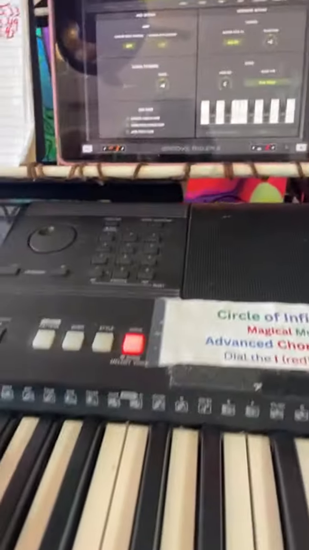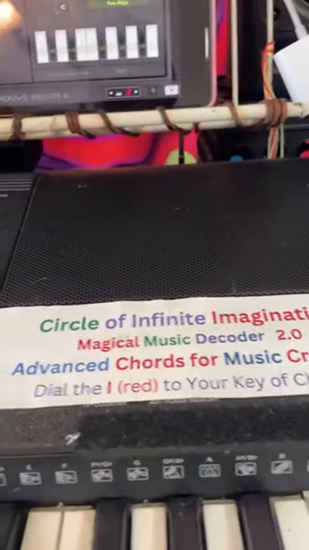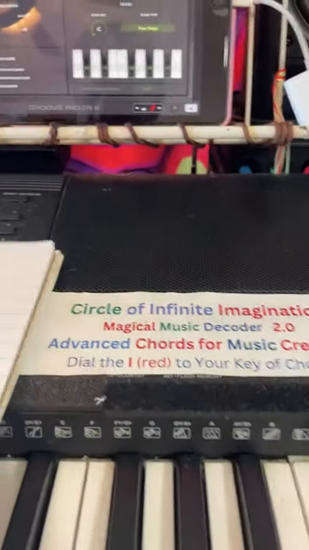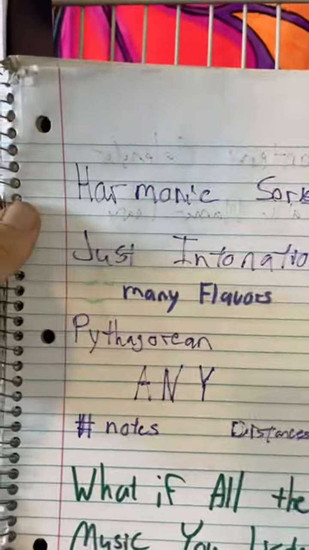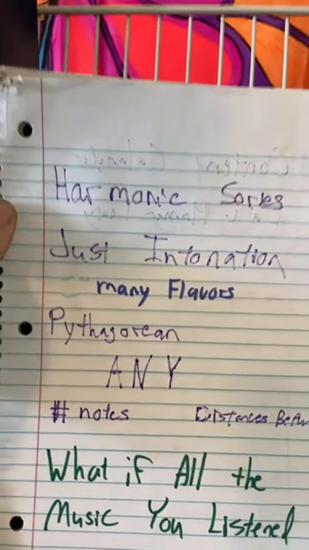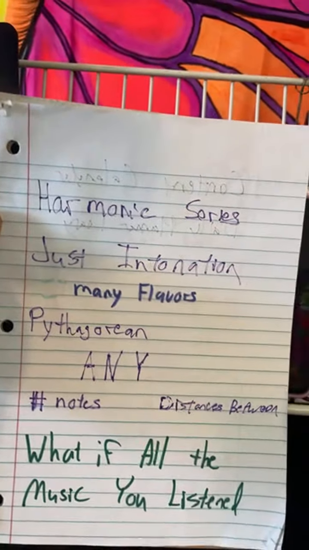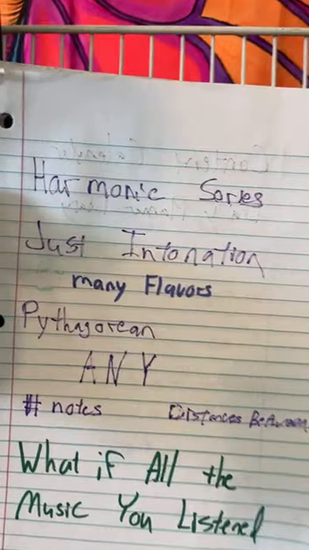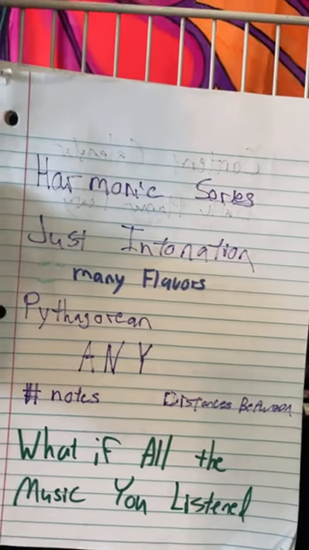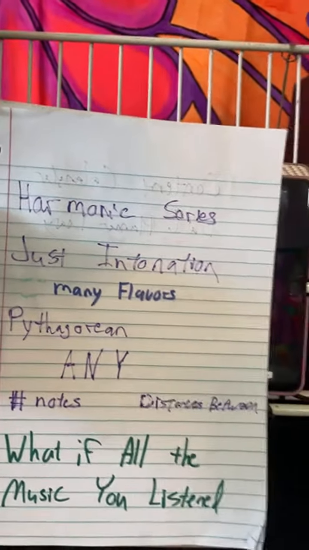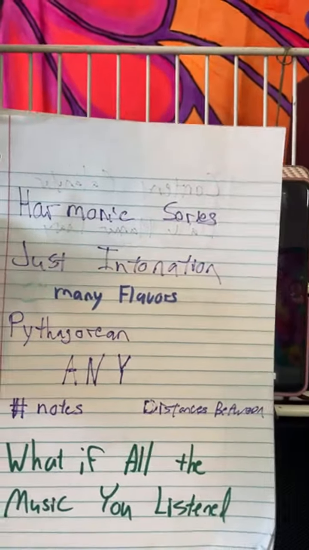So there we have that. So yeah, the rabbit hole goes way deep. I had another page here. Let's just look at this real quick. I kind of touched on this: there's many flavors of just intonation, right? There's regular plain just intonation that does line up with the harmonics of the universe, the harmonic series, which is a sound that resonates everywhere.